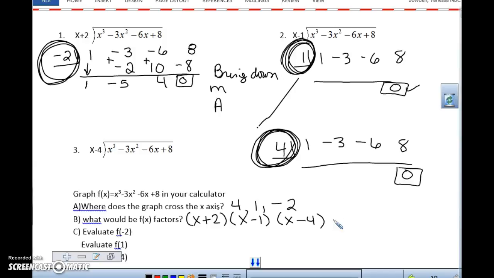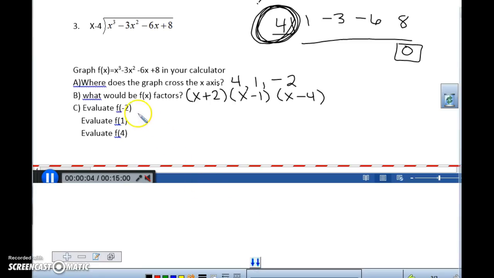Let's look at letter C. Letter C, it says, evaluate f of negative 2. What do you think would happen if I put negative 2 everywhere I see an x? It would turn out to be 0. Go ahead and do that in your calculator. Let's make sure. In your home screen, if I put negative 2 in for everywhere I see the x, so we're evaluating.